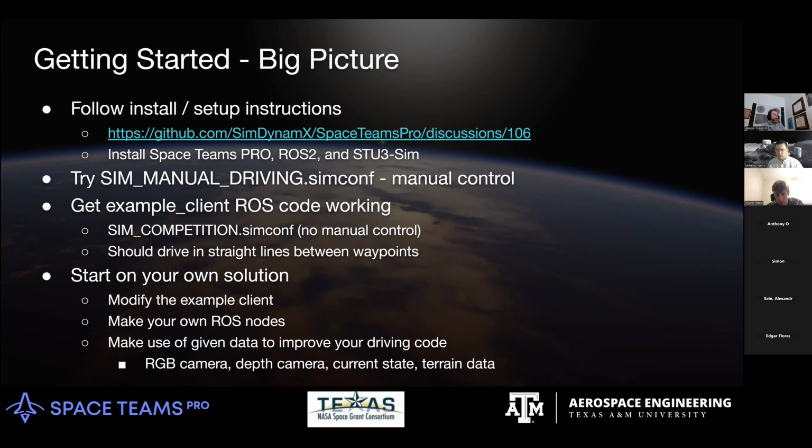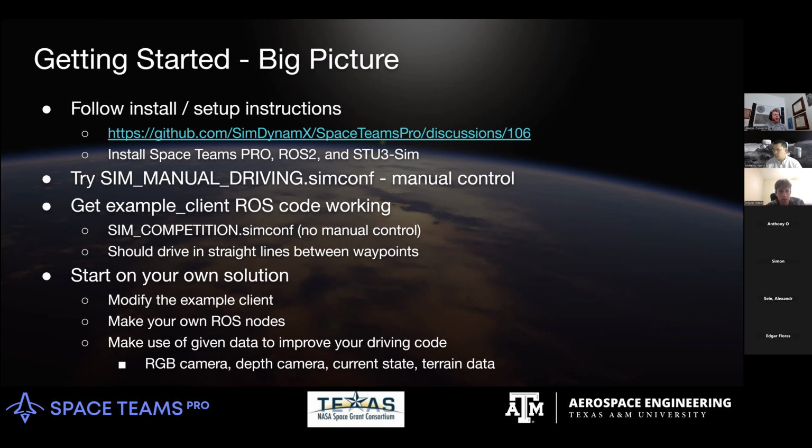Next, once you set up Space Teams ROS, which I didn't include in the install things, but the setup instructions tell you what to do with that. Space Teams ROS has all the scripts that you need to set up the Space Teams connection to ROS after you install ROS.